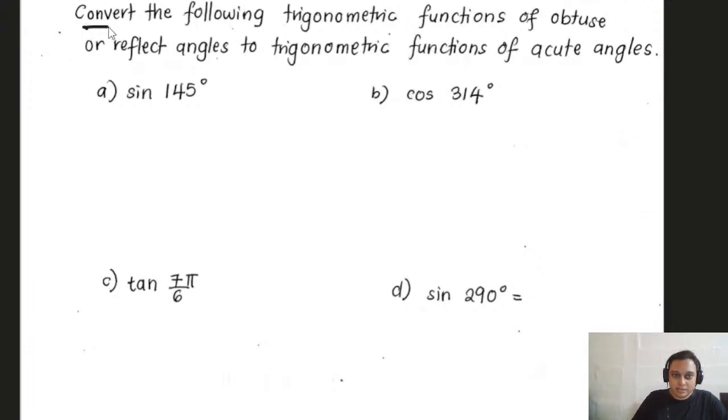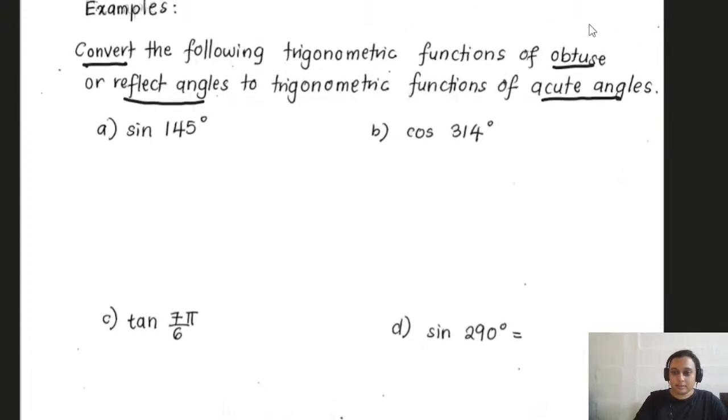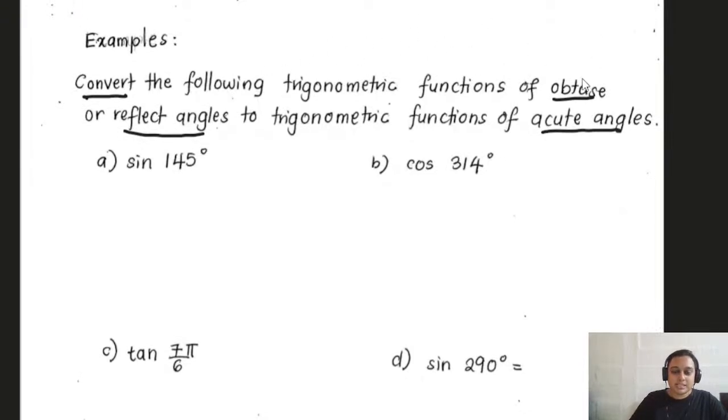Convert the following trigonometry function of obtuse or reflex angle to acute angle. Kalau dalam bahasa, we are changing sudut cakah dan sudut reflex. You all should know the meaning.